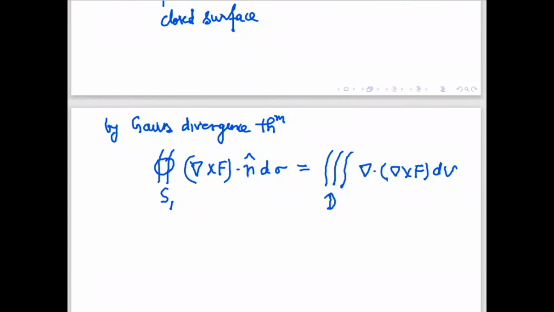The actual surface was S, because that is not closed. I added the part that was not closed and made it closed, so that it will enclose the volume. Now we'll calculate the value of del dot del cross f.